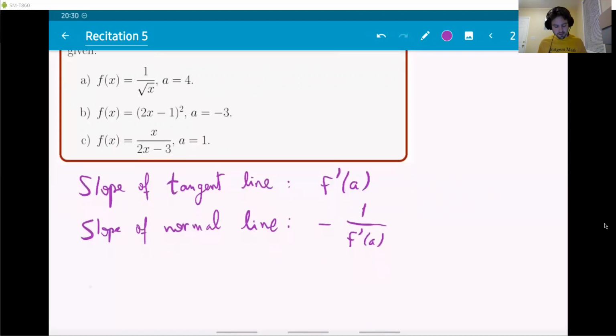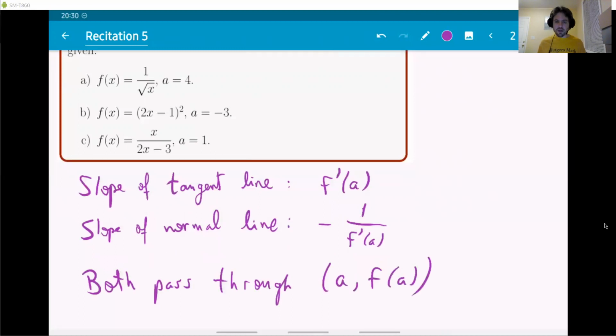So this gives us the slopes of the lines, and both lines pass through the point at which they are defined, which is the point of x coordinate a and y coordinate f of a, because it's on the graph of the function. So this is the information that you need in order to understand the equations of the lines. You have the slope and you have a point.